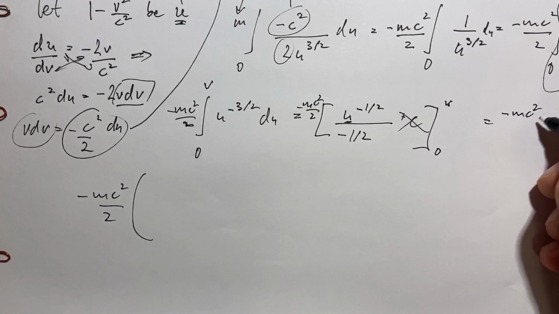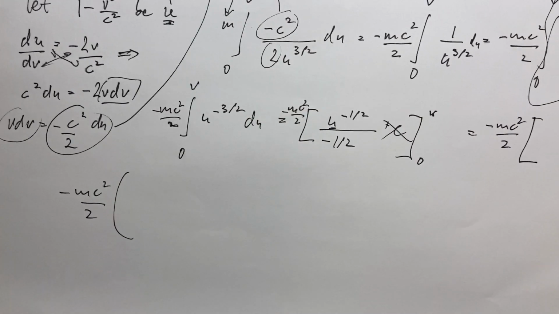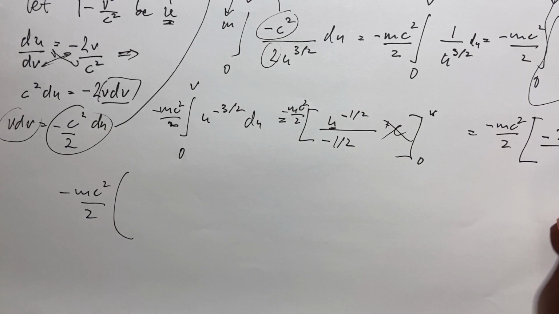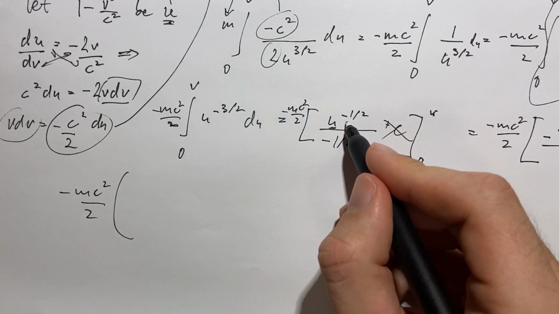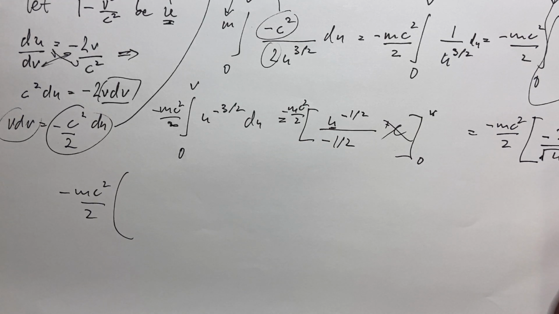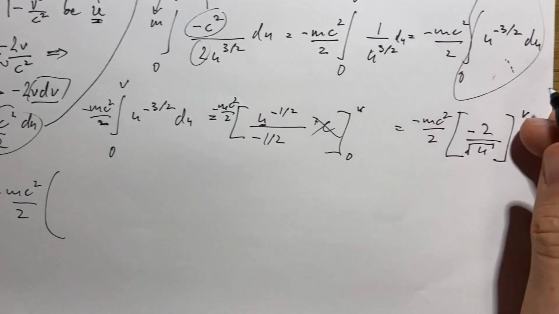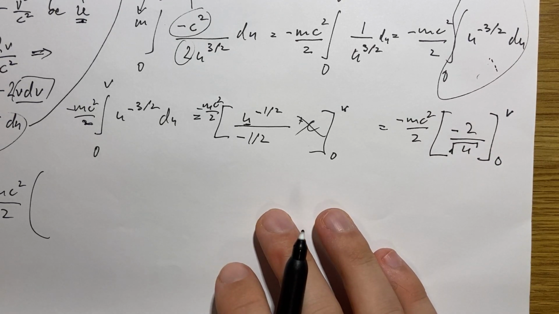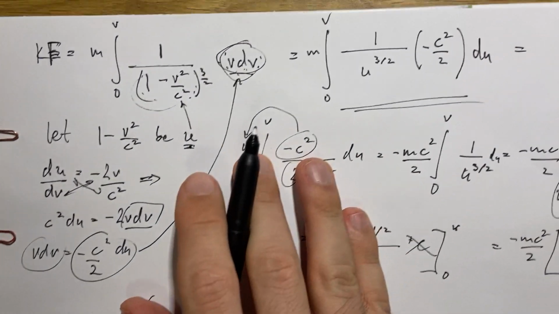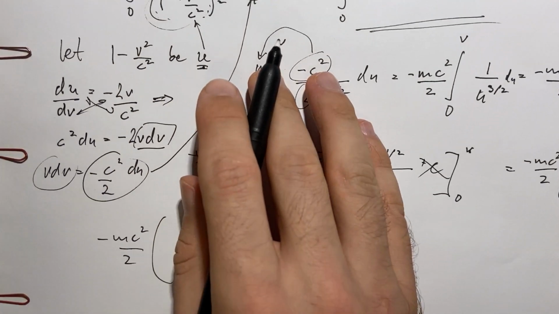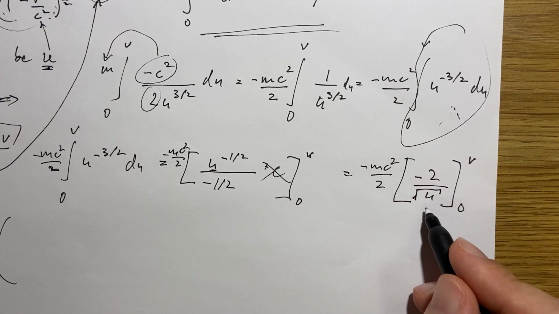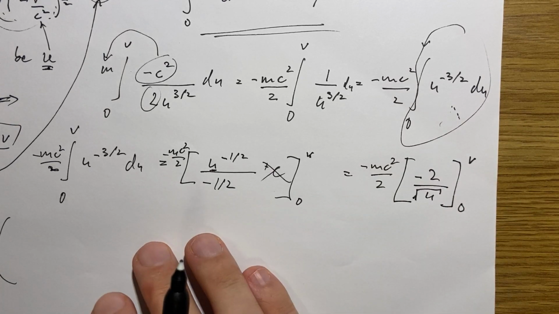That's going to be minus mc squared divided by 2 times minus 2 divided by the root of u, from 0 to v. All right, but we need to put this term back in, because the substitution has already fulfilled its purpose.